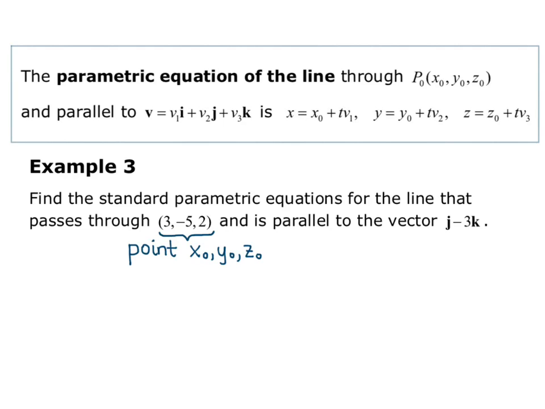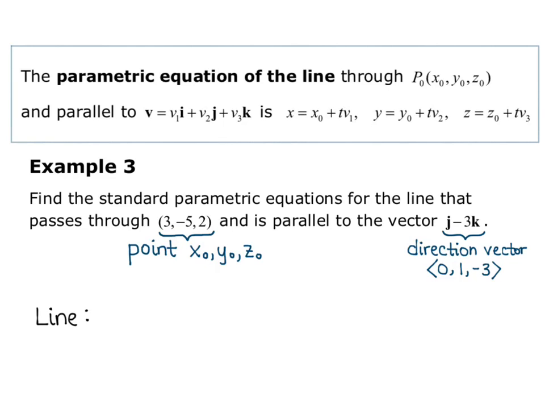So I know my values that I'm going to have for x0, y0, and z0: 3, negative 5, 2. This vector is the direction vector. J minus 3k gives me the vector 0, 1, negative 3. There's no i component written, and that's why the x component is 0.